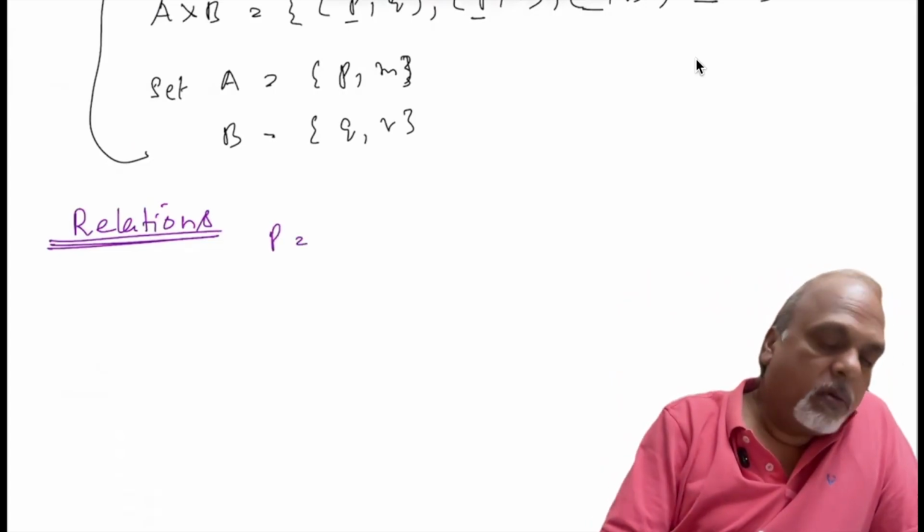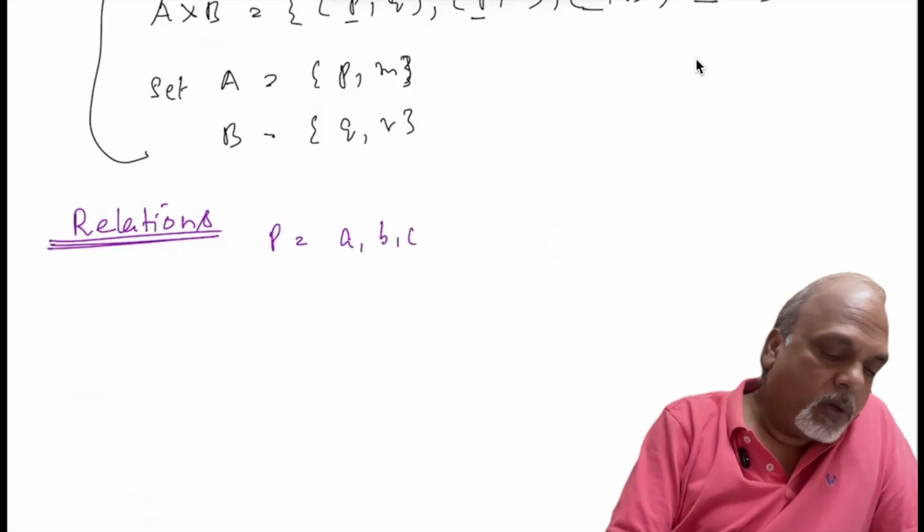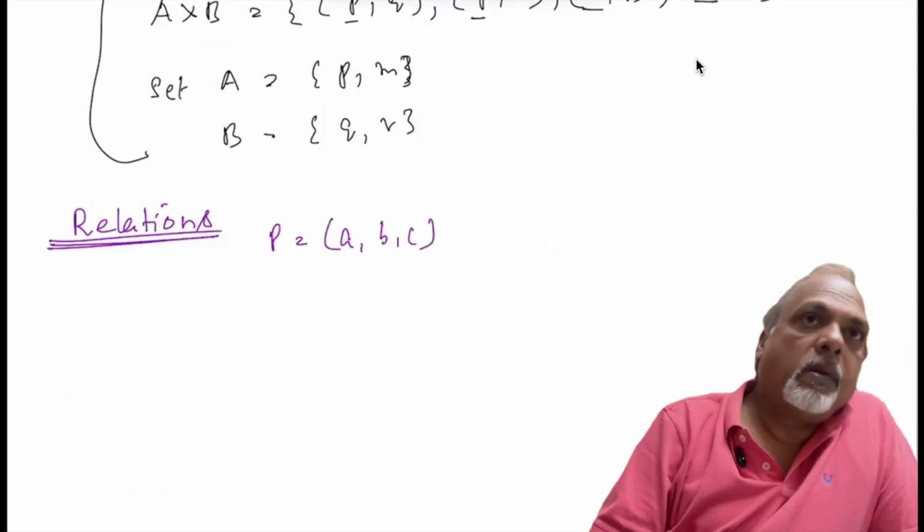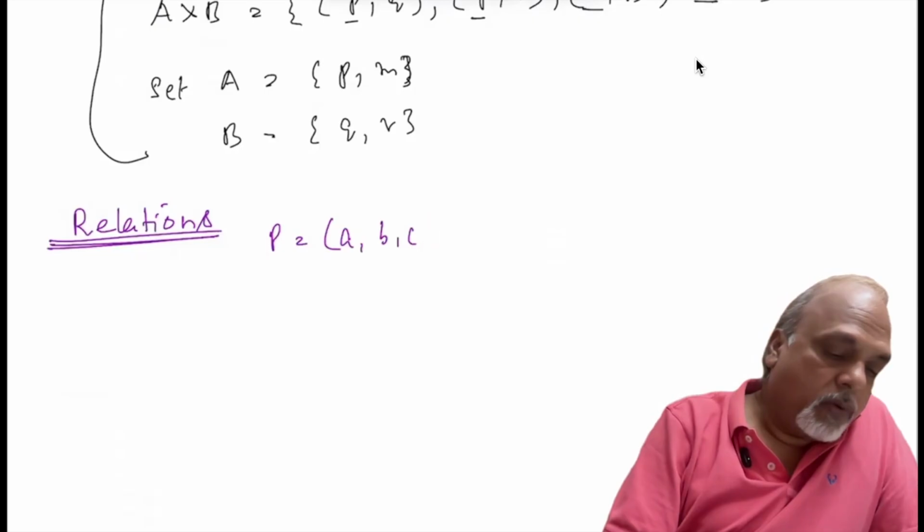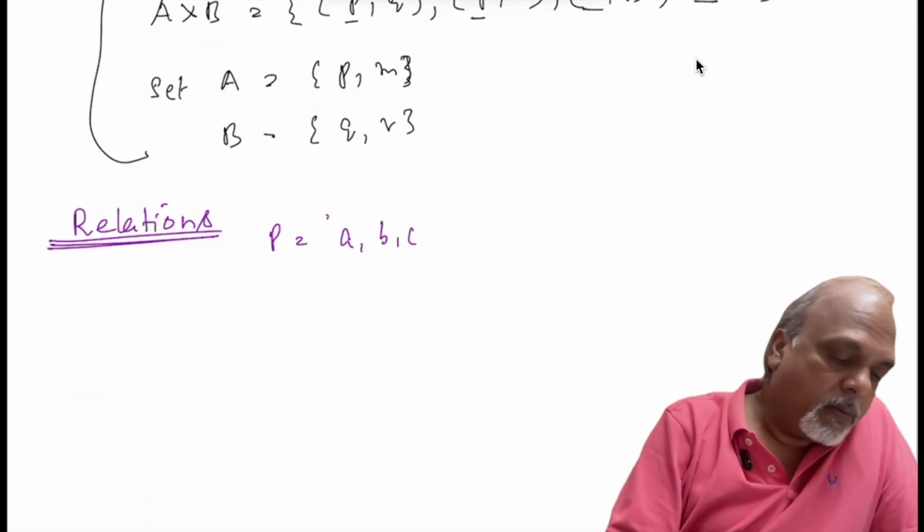Your P is A, B, C. Sorry, you have to put the correct bracket.